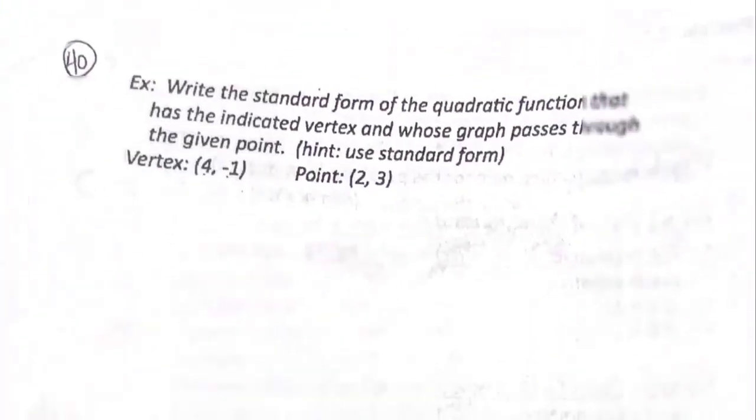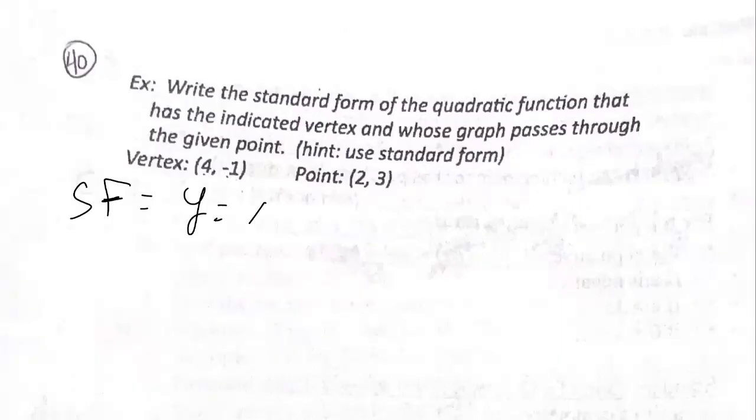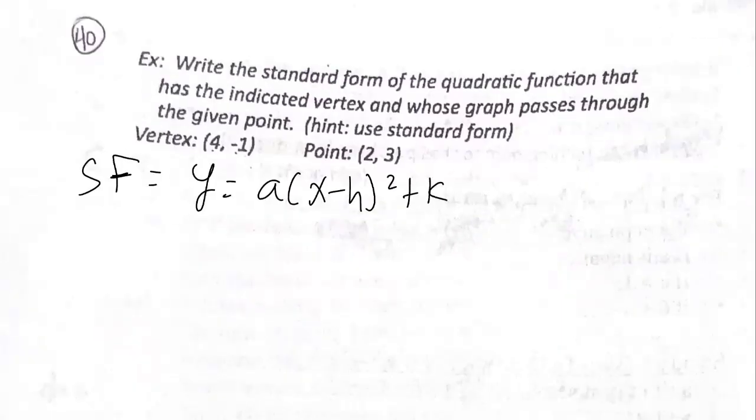Okay, it says write the standard form of the quadratic function that has the indicated vertex and whose graph passes through the given point. Hint, use standard form. So standard form is y equals a(x minus h) squared plus k.